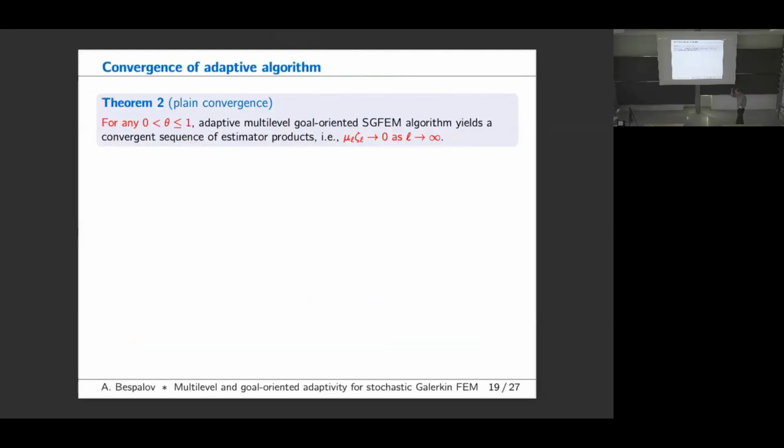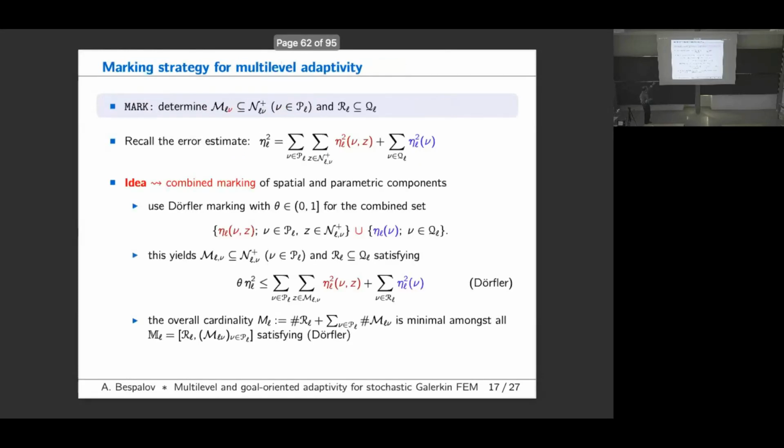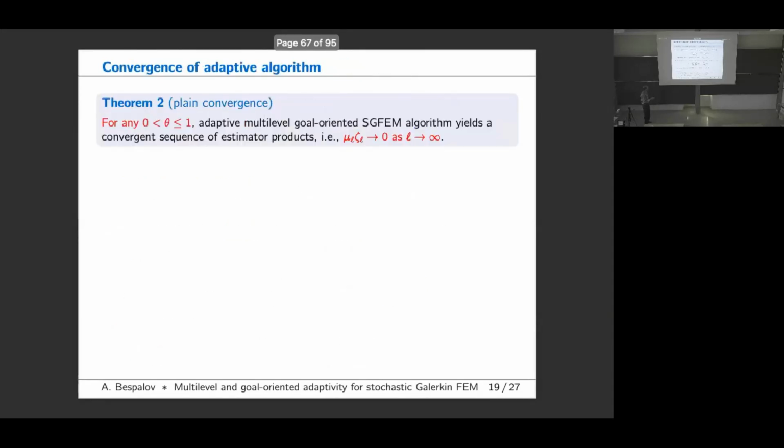As I said, we can do some analysis on this problem, and this is facilitated by the hierarchical error estimators used. So the first result is the convergence of the algorithm. We state that for any Doppler marking, so for any theta parameter in the combined marking, the algorithm will converge. That means the error estimator, the product of energy errors, will go to zero as the algorithm proceeds, under no other assumption.